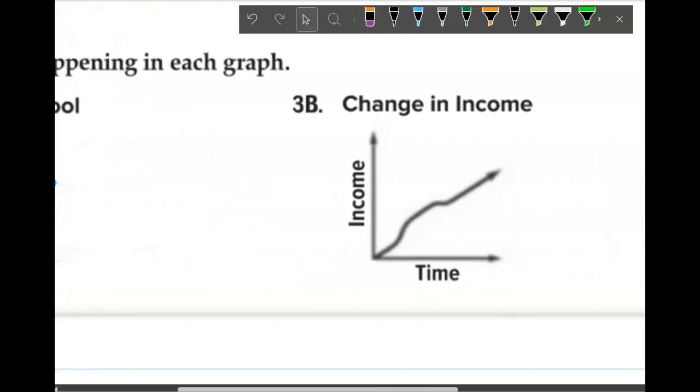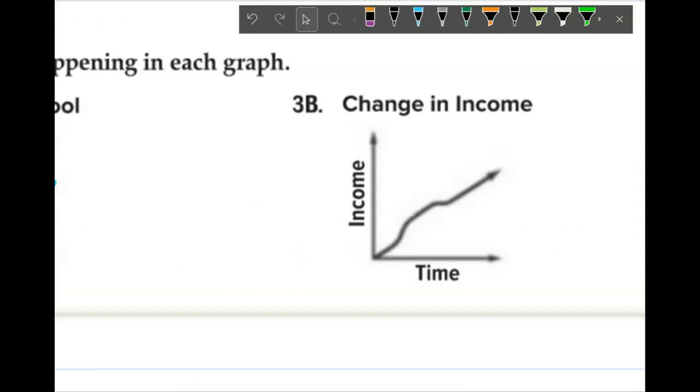In this next example, we're looking at someone's income versus time. So it looks like this person started out making money. They kept getting a raise, and then they got a big raise right here. In fact, let me erase that again. So they were working, they were increasing in money, and then it spikes up, and then they continue to keep getting a raise each year.